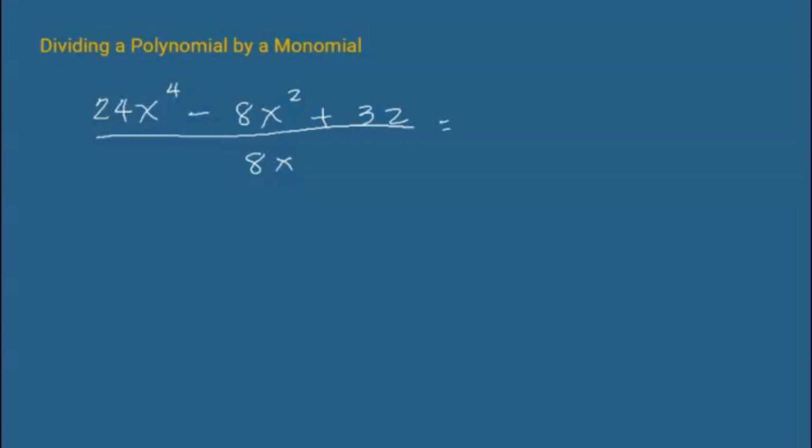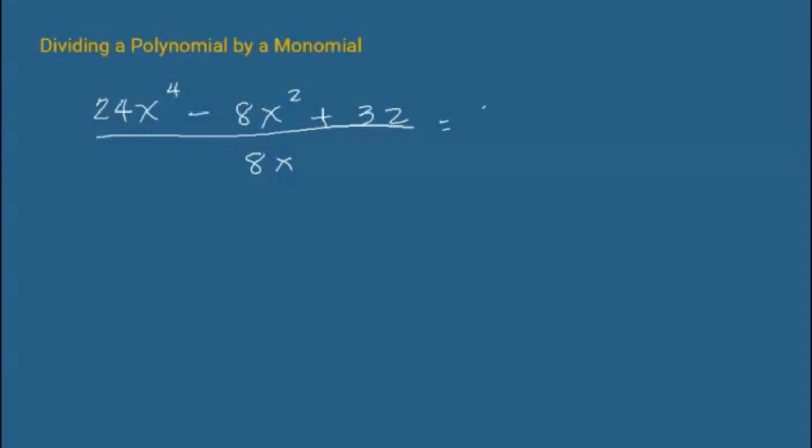Next, what if we have a polynomial divided by a monomial? The first thing you need to do is to arrange the powers of the certain variable in descending order. In this example, 24x to the fourth minus 8x squared plus 32, the exponents of x are already arranged in descending order, so there's no problem with that. Now what we need to do is to divide each term of the polynomial by the monomial.